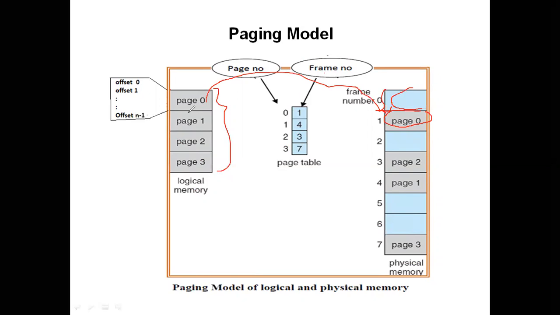Page 0 is loaded on frame number 1, so against index 0 in the page table we enter 1. Similarly, page number 1 is loaded into frame number 4, so in front of index 1 we enter 4 in the page table. Similarly, page number 2 is loaded in frame number 3, and page number 3 is loaded in frame number 7. That you can see clearly from the given figure.